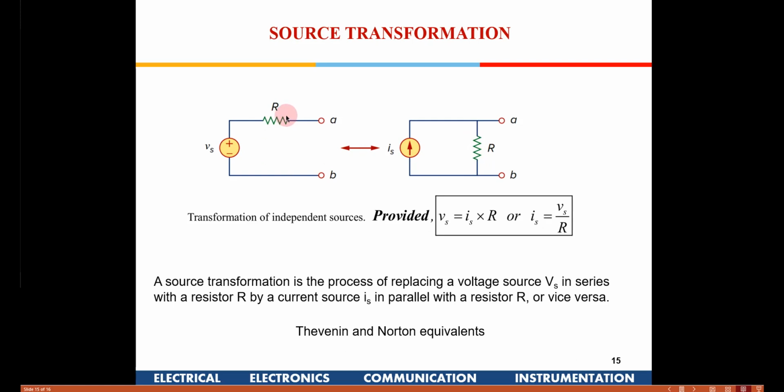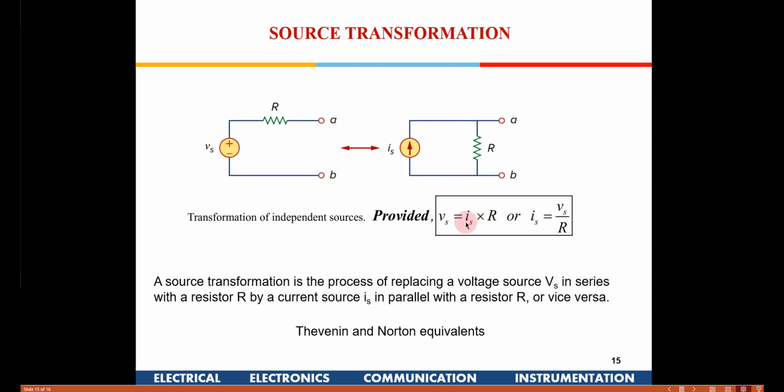A voltage source Vs in series with resistance R is equivalent to a current source Is with R in parallel, provided the value of Is is Vs by R. You can transform this to this or this to this. The only thing is that Ohm's law should be satisfied here.